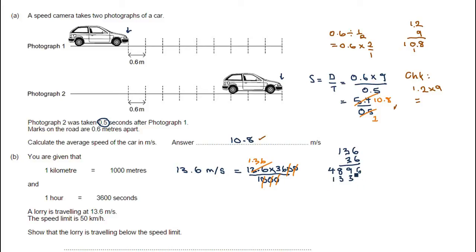Anyway, we've got 4,896, but we're going to put in our decimal point again. In other words, we're going to divide by 100, so that goes in there. So we're going to divide the answer by 100 as well. So that gives us an answer of 48.96 kilometers per hour.